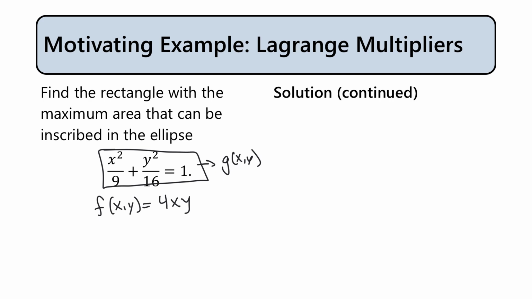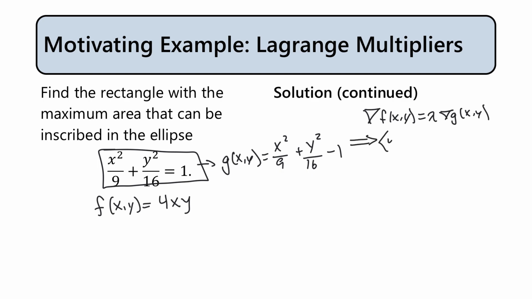Again, it's best to think about this set equal to 0 because we're finding the gradient. But since we don't have a z in this case, we're kind of okay not worrying about it. I would prefer to go ahead and write it as x squared over 9 plus y squared over 16 minus 1. So we're looking to solve the equation gradient f(x,y) equals lambda times gradient g(x,y).